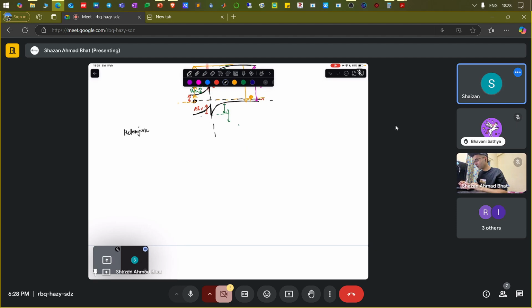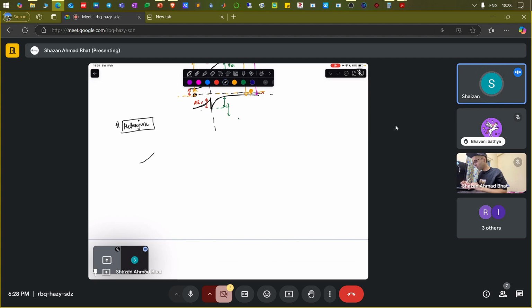Let's consider this heterojunction. I have an example here that will make our life easier. Let's say it is a heterojunction like this, let me draw it, and you have a Fermi level here. That means this is again a p-type.